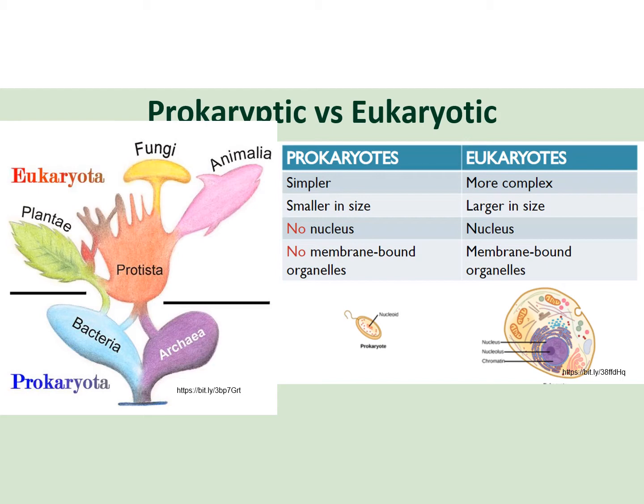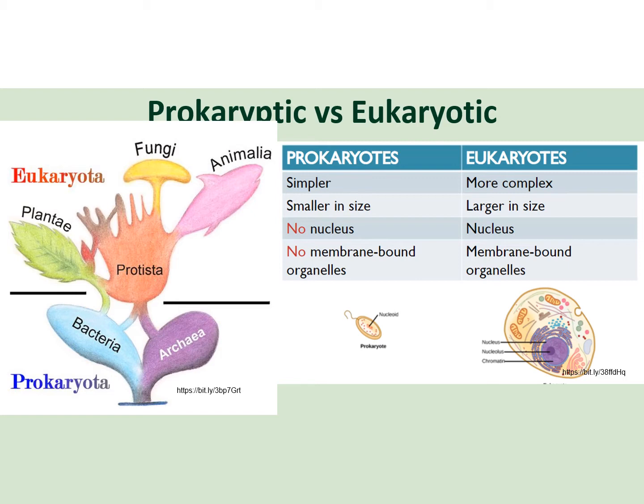There are 2 major groups divided based on cell type. Each living organism is composed of either prokaryotic or eukaryotic cells. The members of bacteria and archaea are made of prokaryotic cells.